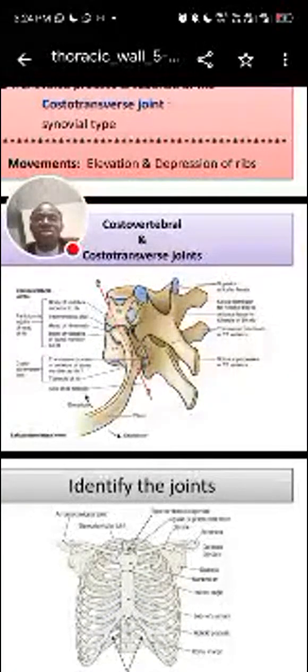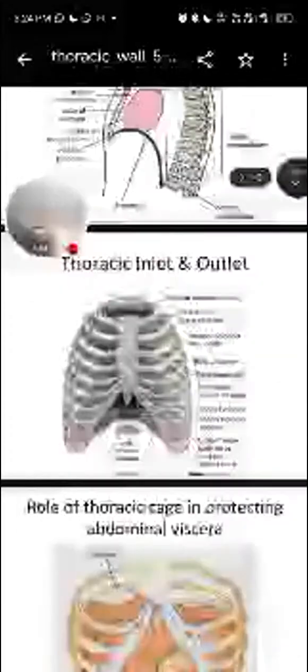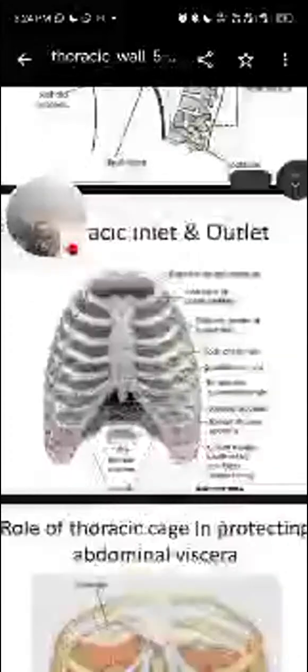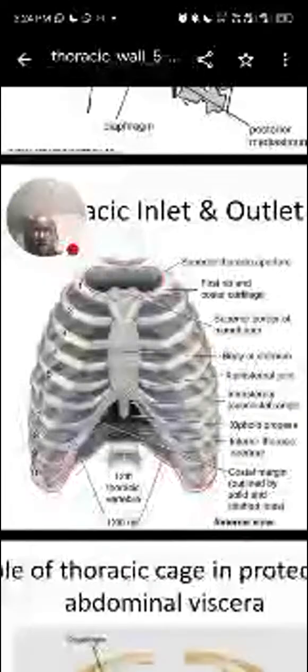We move on. We want to look at the inlet of the thorax now, the thoracic inlet. We've looked at all this. Look at the extent. Is this the inlet that we want to look at? Okay. Superior thoracic aperture, inferior thoracic aperture.